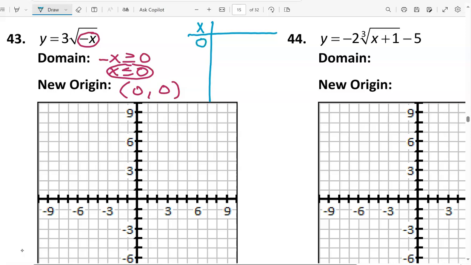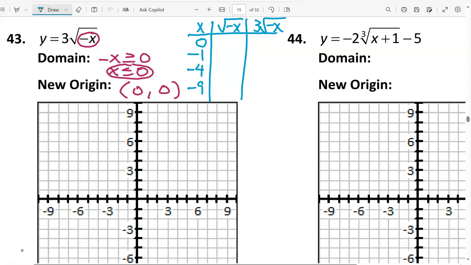So that means I'm going to start with 0, but I'm going to indicate less than. So -1, -4, -9. Okay, our perfect squares, but they're opposites. And then we're going to take the square root of the opposite of x, and then finally multiply that by 3. So we can sort of do this in stages.